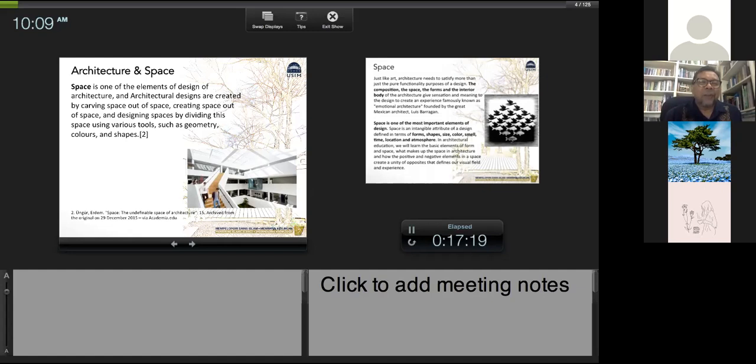area of 400 to 600, is it? Or 4,000? 400 square meters or square feet? 400 square meters. 400 square meters to 600 square meters. So, spaces.